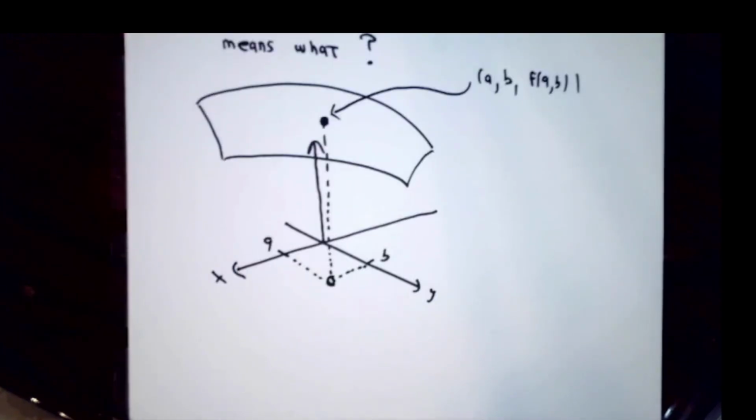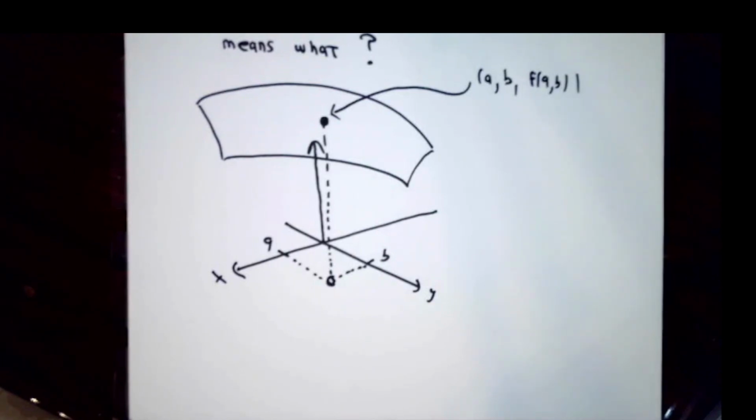I want to stop for a moment and think about what all of this is supposed to mean. I'm thinking of the graph of function f of x and y, which would be z equals f of x and y. Down in the xy plane, I have some input point into my function.